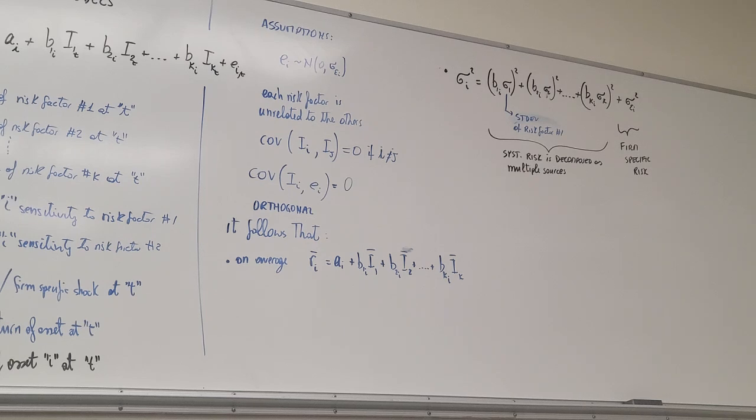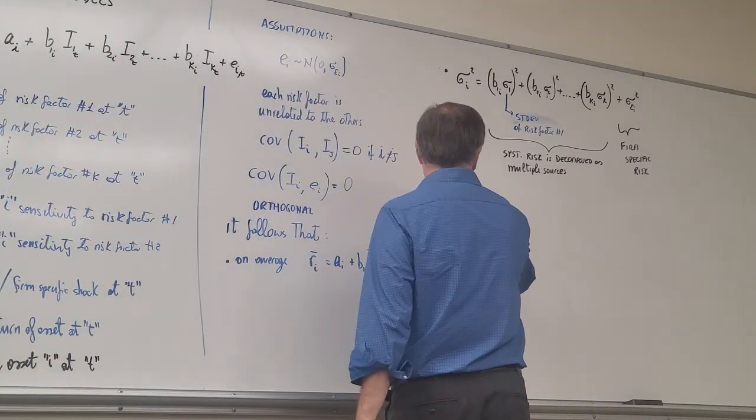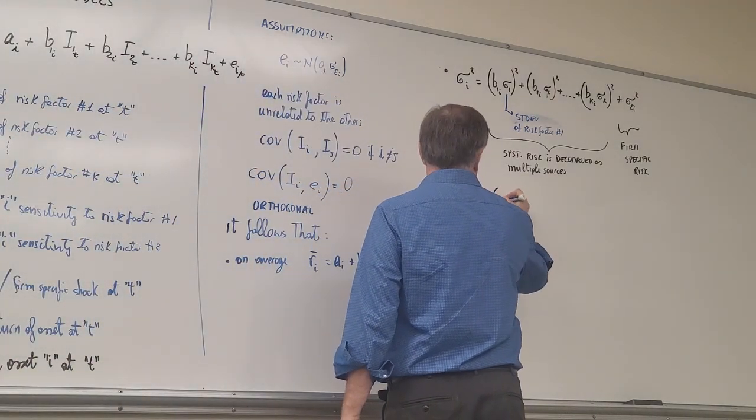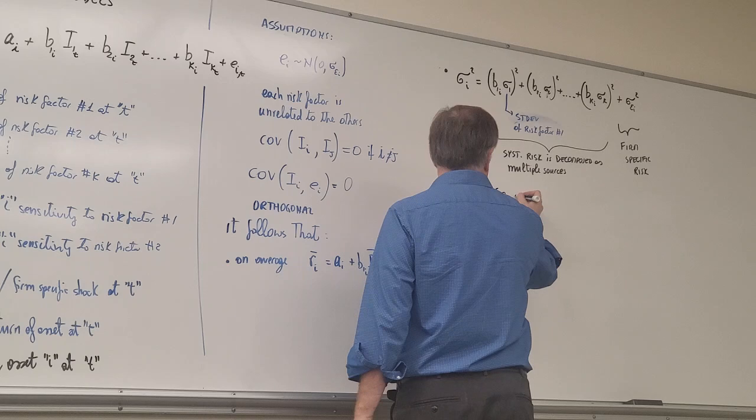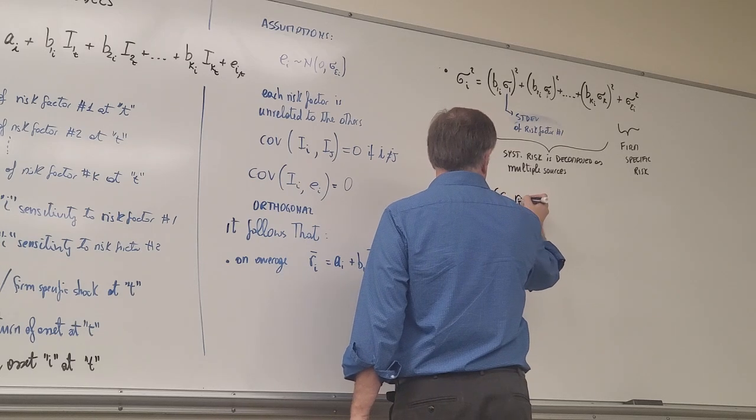So we dealt with this, we decompose risk again, systematic and firm specific, but now we have a more clear picture of what systematic risk might look like. And then the last one is, let's figure out covariances. What is the covariance between the returns of asset I and the returns of asset J?